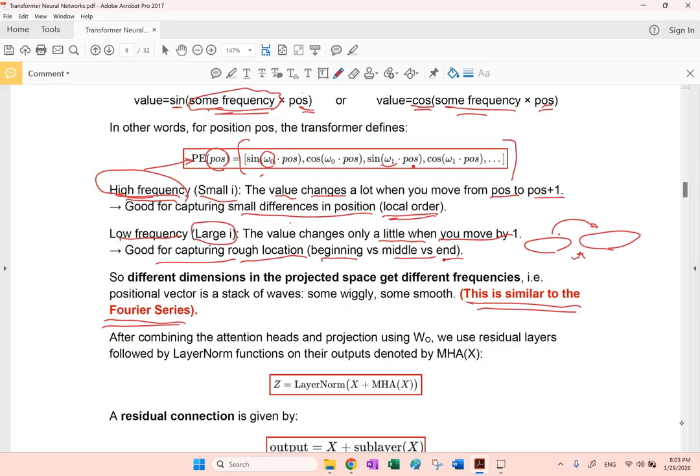These ones give you an overall sense that your word is somewhere in the middle, not exactly where, but in the middle. This one can tell you a little bit more. So you see, we are not directly doing a one-hot encoding or anything. We are doing this as a function approximation. And this is how you do the position embedding.